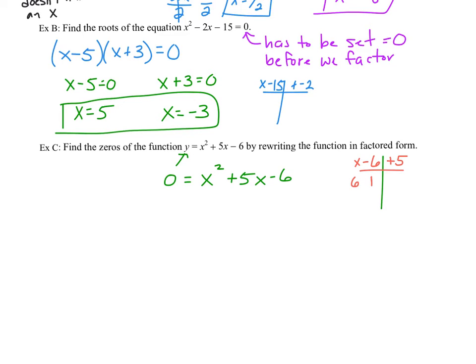So I think that somehow could get me +5 by making the 1 negative, right? So all right, that works. That's my combo. And so this one's kind of easy. It's where you just put them in. So I get x plus 6, x minus 1, and I can set each part equal to 0.